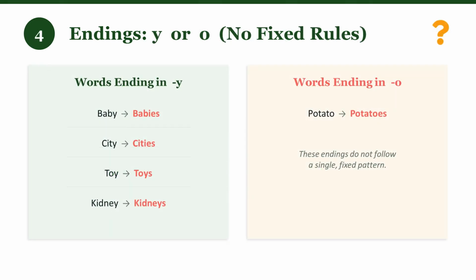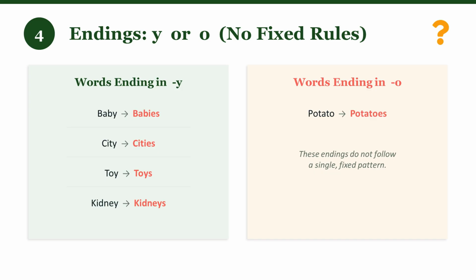Rule number 4. Nouns ending in the letters y or o do not have one fixed rule. They can be a bit tricky. Let us look at some examples. Baby becomes babies. Notice the y change to ies. City becomes cities, the same way. But toy becomes toys, and kidney becomes kidneys.